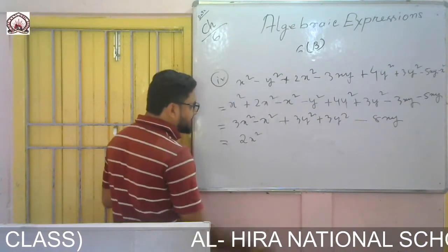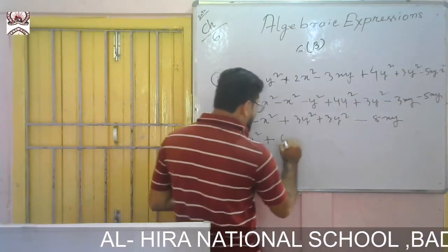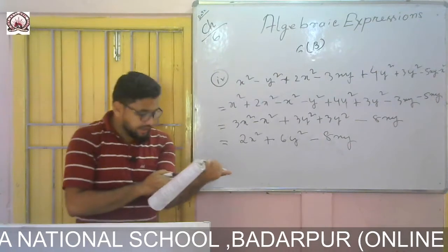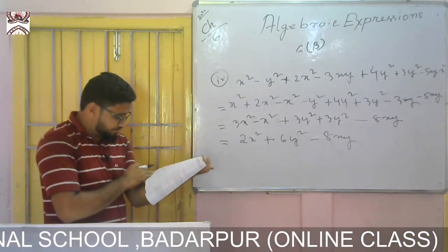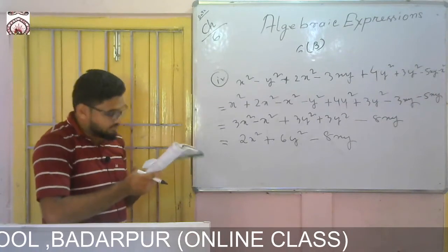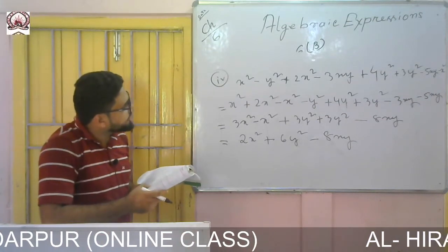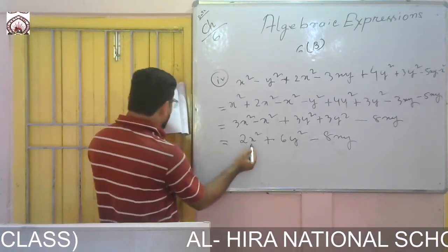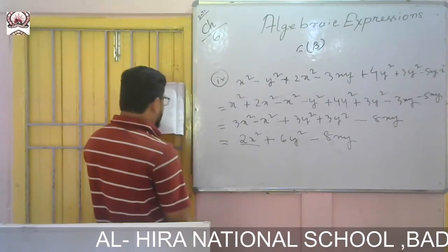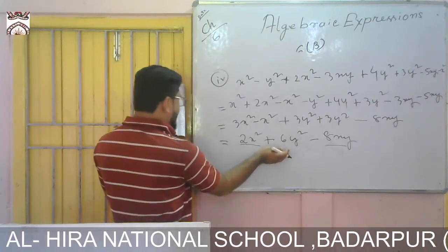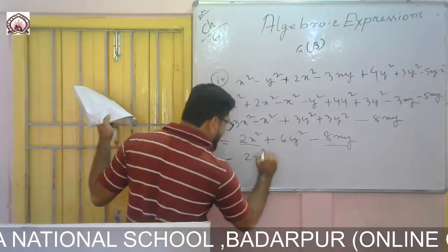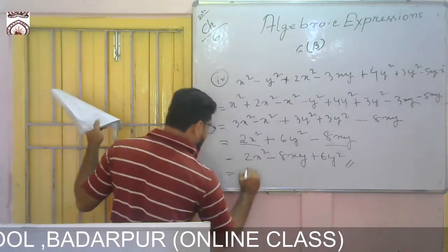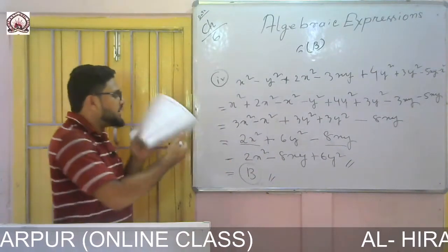Then 3 plus 3, 6y square minus 8xy. So this one is matching with B, twice x square minus 8xy plus 6y square. So it is matching with B.